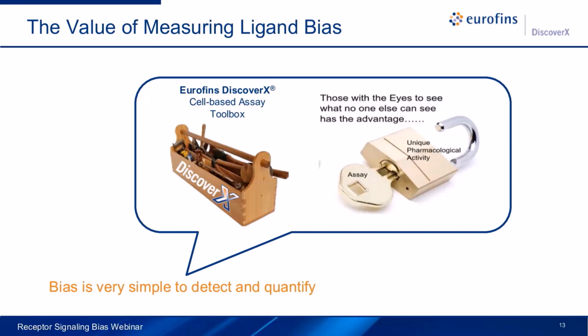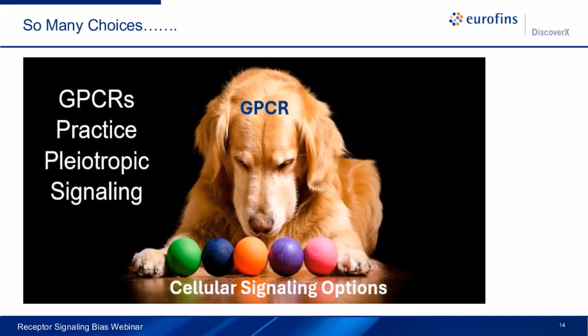And the key there is assays. So we will talk about assays. The whole key is if you have an assay to see a signal, you can apply it to this and measure bias. And I'll specifically be talking about assays from Eurofins DiscoverX, that have a range of assays.